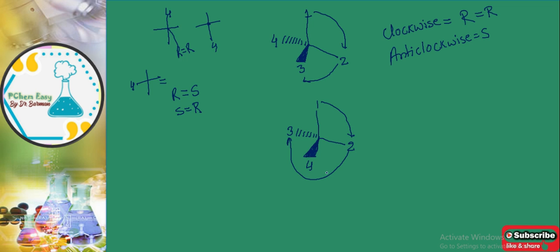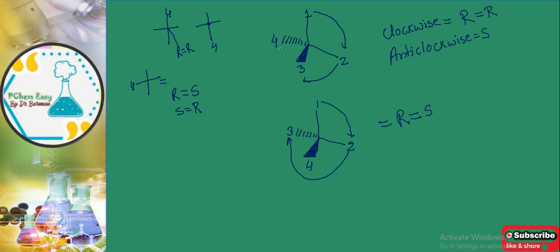But what we observe here is that the fourth group is not in dash, it is in wedge. So it is moving clockwise, so it will be R, but as the fourth group is in wedge and not in dash, we will have to write it as S. It is very easy, like we have already done in the case of the Fisher projection.